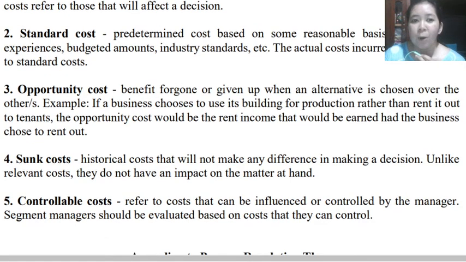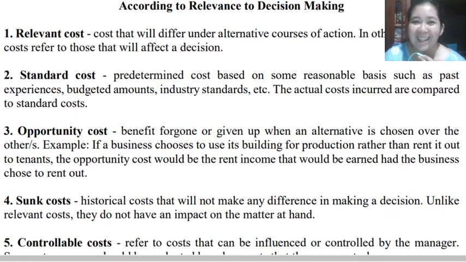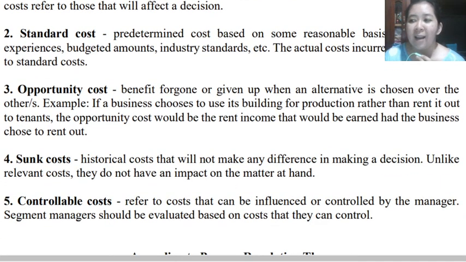Another is opportunity cost. Opportunity cost is the benefit forgone or given up when an alternative is chosen over the other. Opportunity cost also relates to our relevant cost. If you choose one alternative, then you will not gain the benefit that would be given by another alternative.